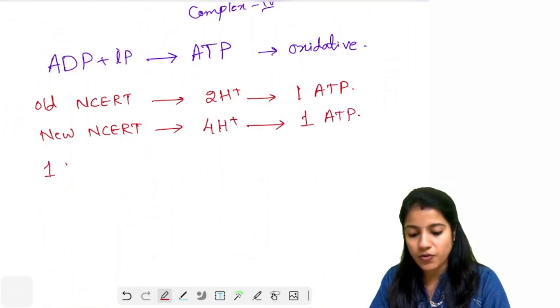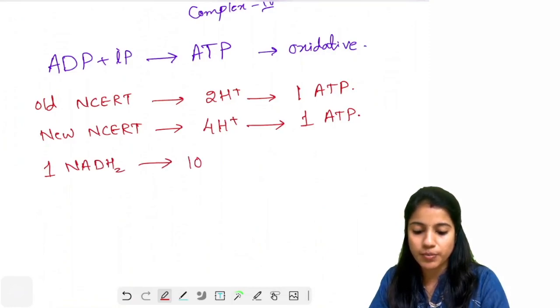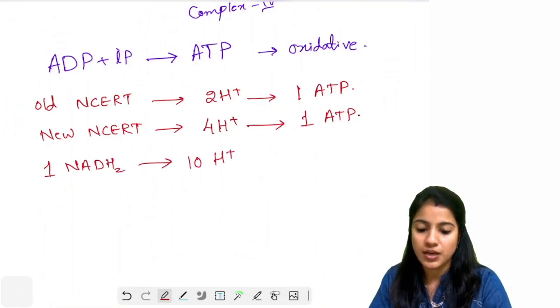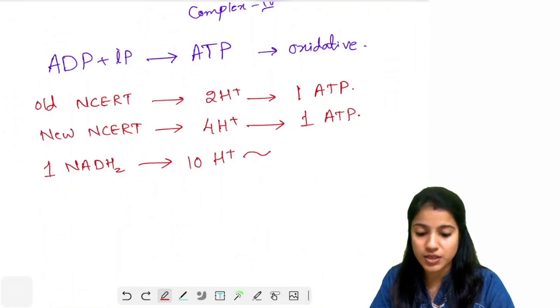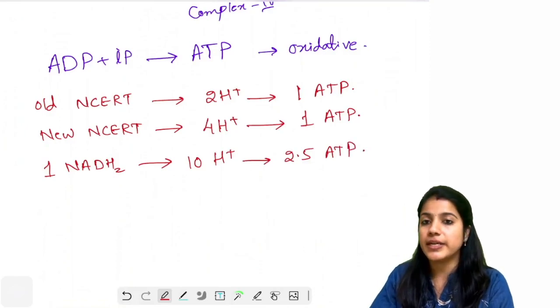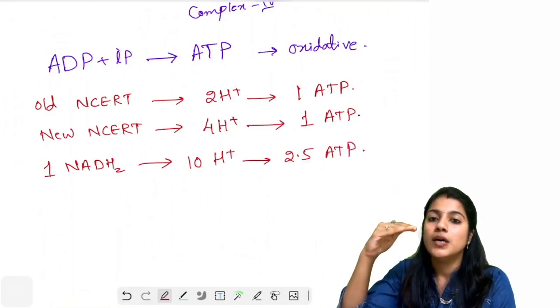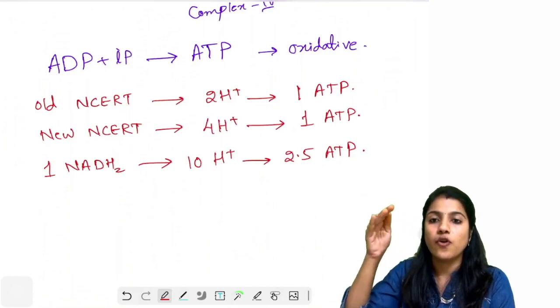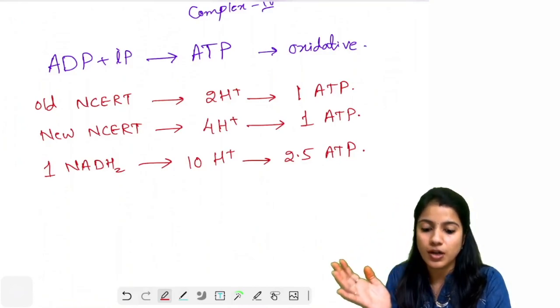That means because of 1 NADH2, we are getting 10 H plus ions, which results into 2.5 molecules of ATP, right? As we discussed in complex 1, 3 and 4, 4 plus 4 plus 2 protons got pumped.